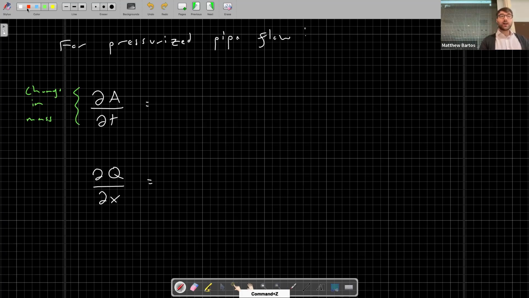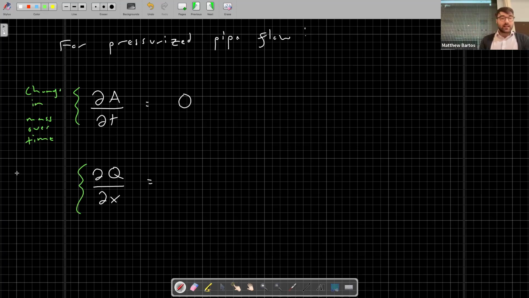Because the pipe is flowing completely full, and thus the volume within our pipe isn't going to change, and thus the mass within our pipe isn't going to change over time. So the change in mass over time within the pipe is going to be equal to 0, assuming the pipe is flowing completely full.